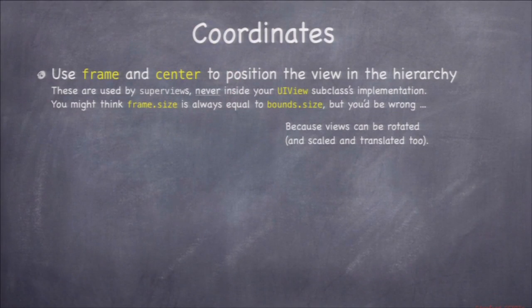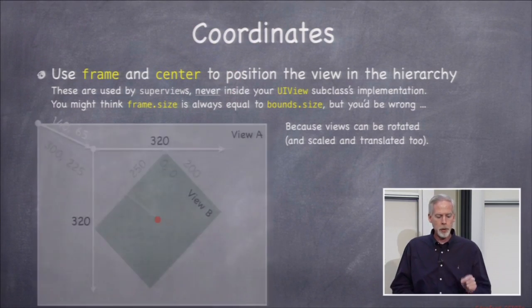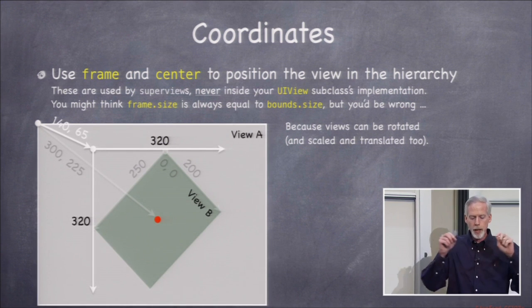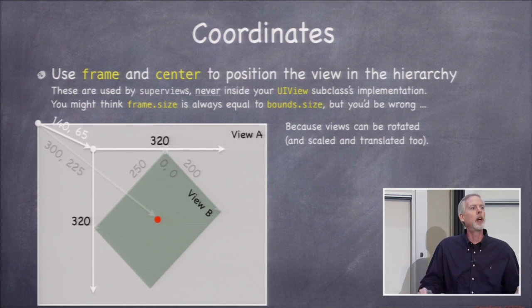Okay? Now, you might think frame and bounds are going to be exactly the same, except for that the frame is going to be in the superview's coordinate system, so the origin might be different, but that's not true, okay? And the reason for that is that views can be rotated, okay? And if a view is rotated, you can see that the rectangle to contain it might be much bigger, right?